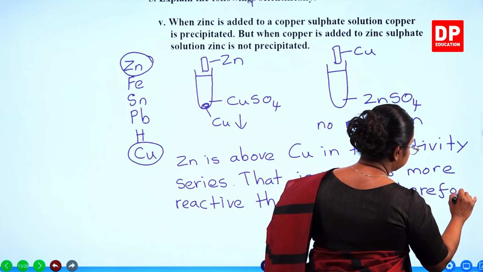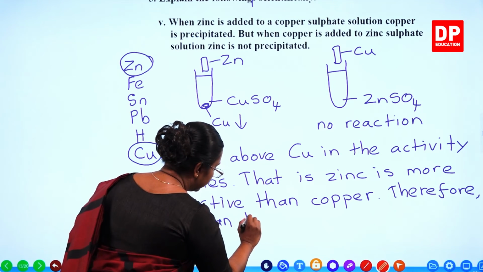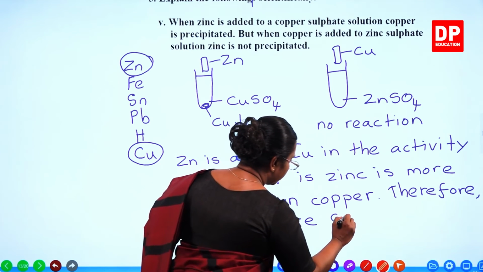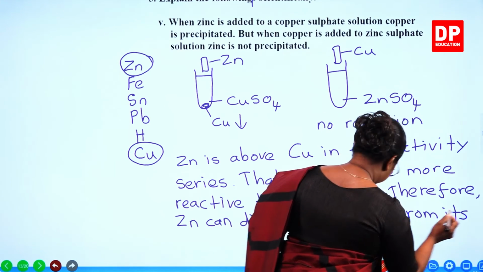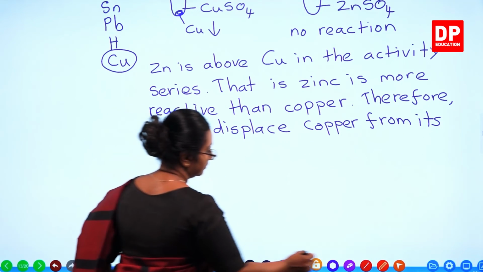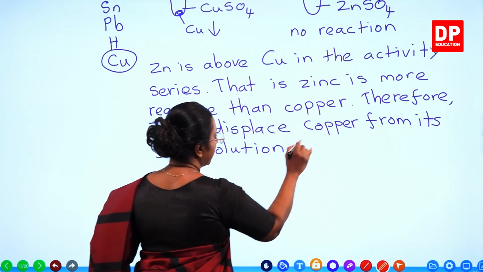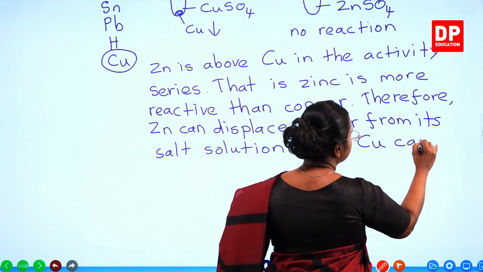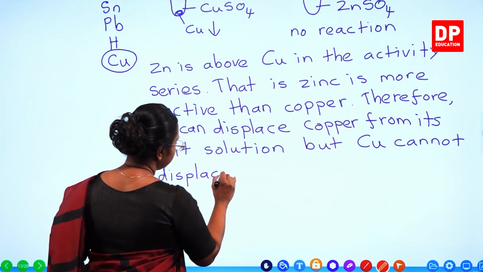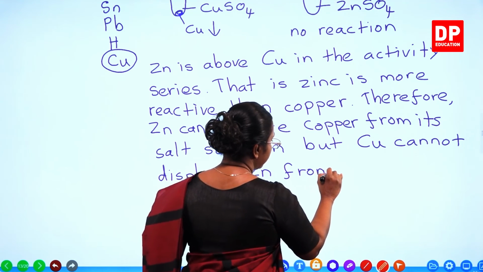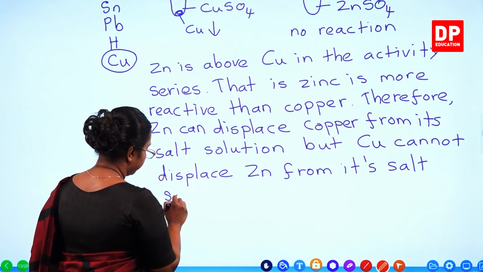Therefore, zinc can displace copper from its salt solution, but copper cannot displace zinc from its salt solution.